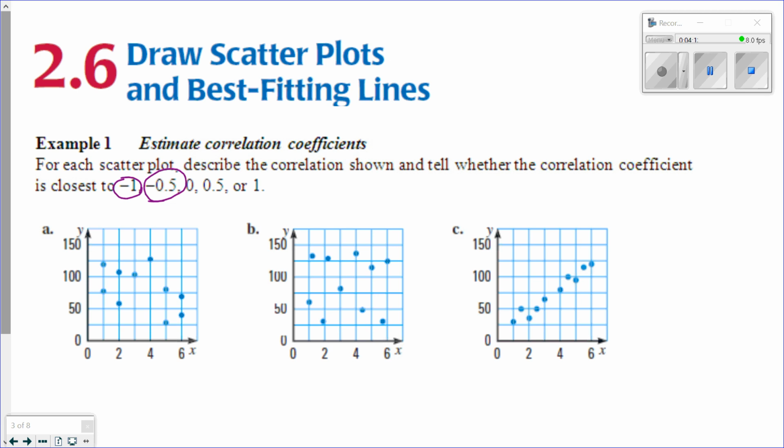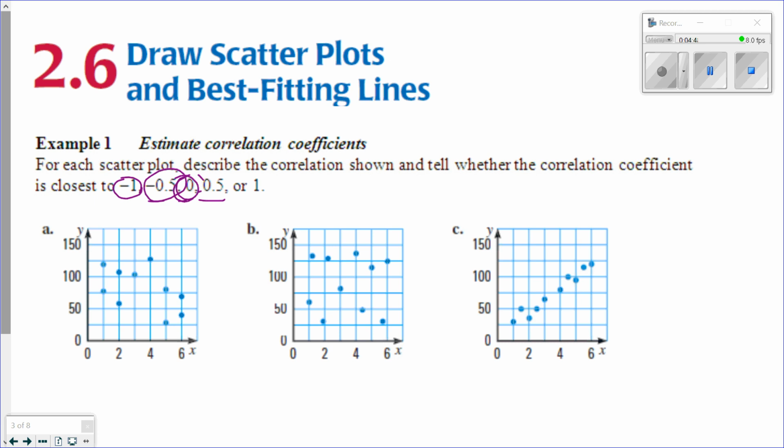Here, we have -0.5 as our r, and that shows that there's a correlation between x and y, and the slope is negative, but it's not very strong, meaning the best fit line is not going to be a perfect line right next to all the points. 0 means that there's no correlation, or a very, very weak one, if anything.